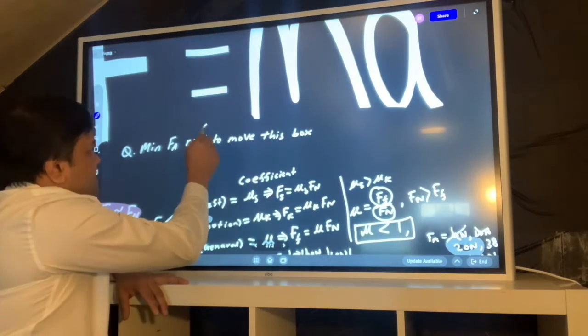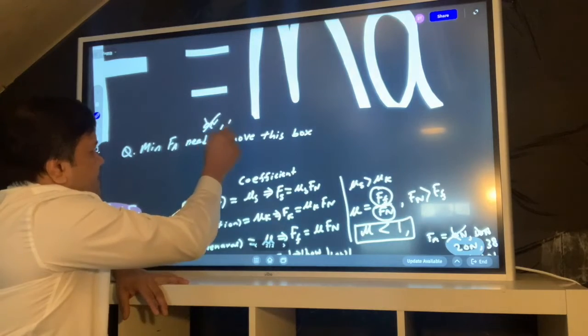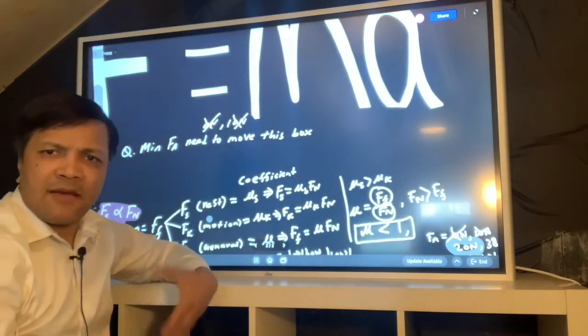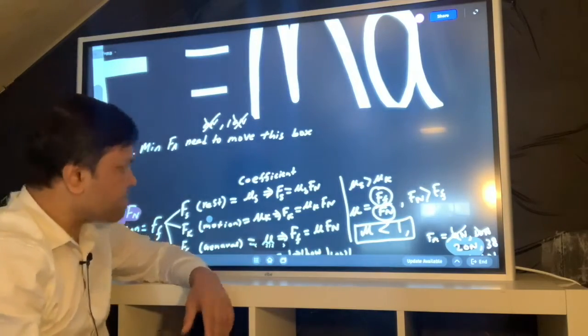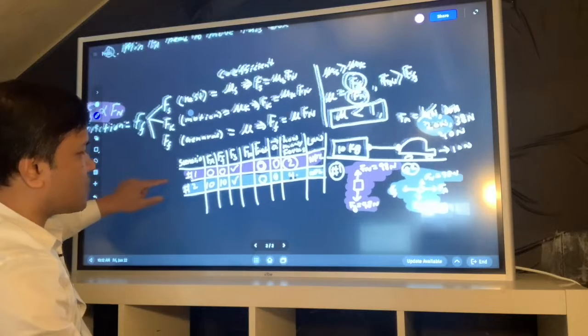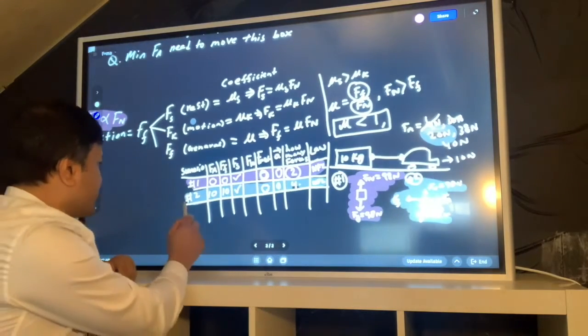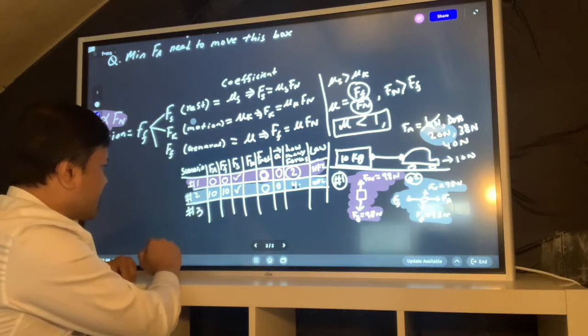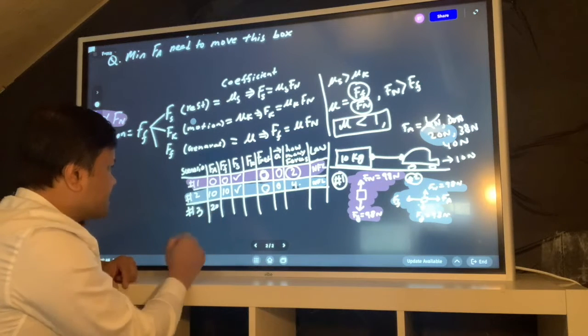You know that 0 Newton fails, 10 Newton also fails. Now he is about to apply 20 Newton. Okay, 20 Newton. He's going to do one more trial and error. Let's see what happened. That's scenario 3. So 20 Newton.